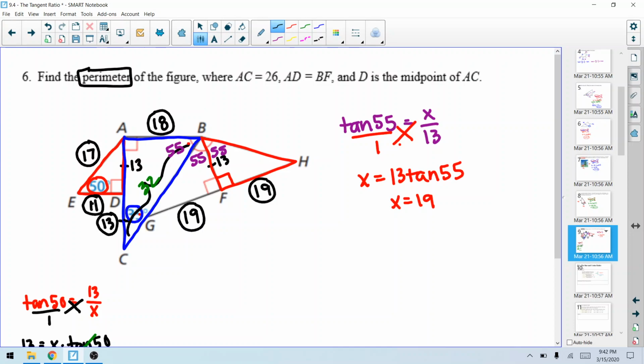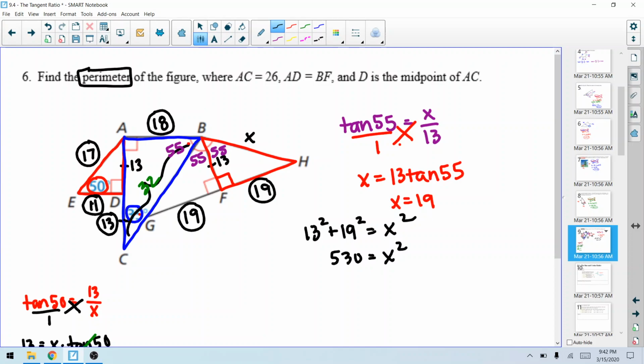And then I'm going to need to find that hypotenuse. So once again, I know the 13, I know the 19, I'm going to use the Pythagorean theorem. 13 squared plus 19 squared equals, this is what I'm going for, x squared. 13 squared plus 19 squared is 530.